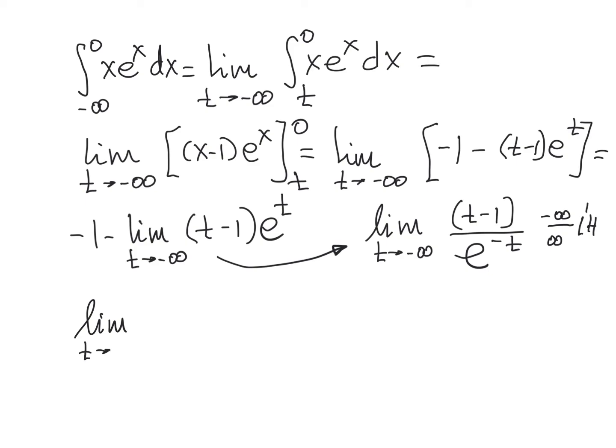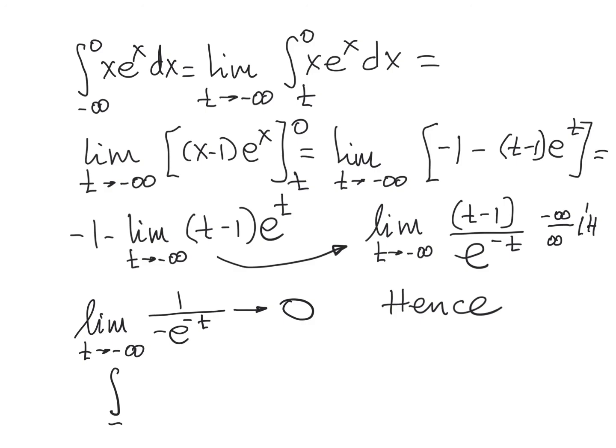So the limit as t approaches negative infinity: the derivative of the numerator is 1. The derivative of the denominator is minus e to the negative t. And this approaches 0 because the denominator approaches negative infinity while the numerator is 1.